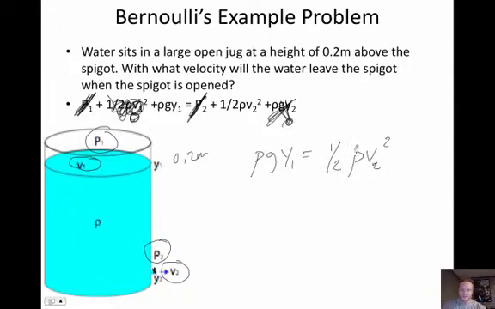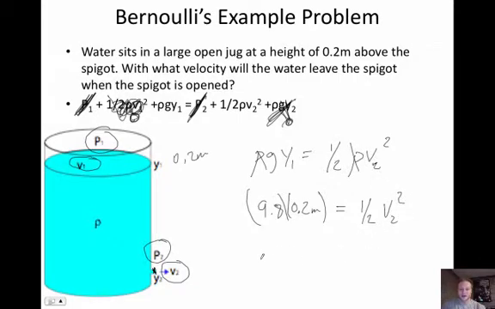So I can cancel that out too. And what I'm left with is g y equals 1/2 v squared. So what is that? Well, 9.8 times the height, which is 0.2 meters, put the parentheses there, equals 1/2 v2 squared.